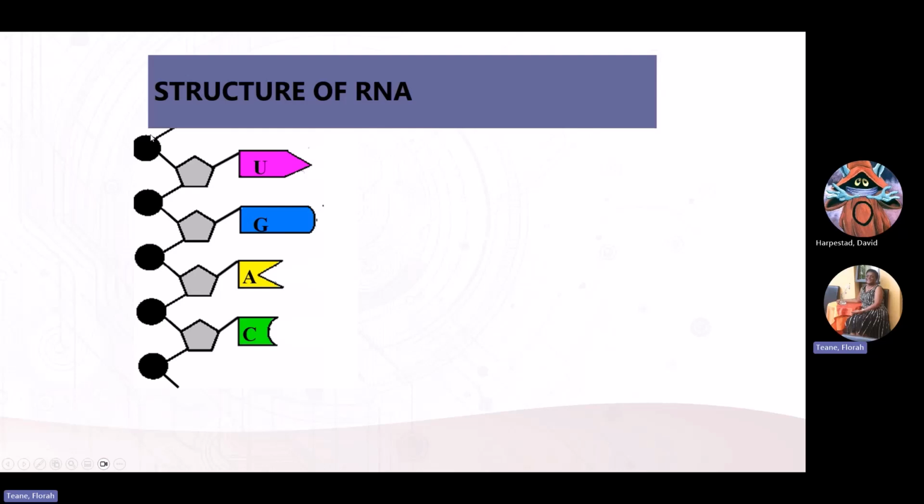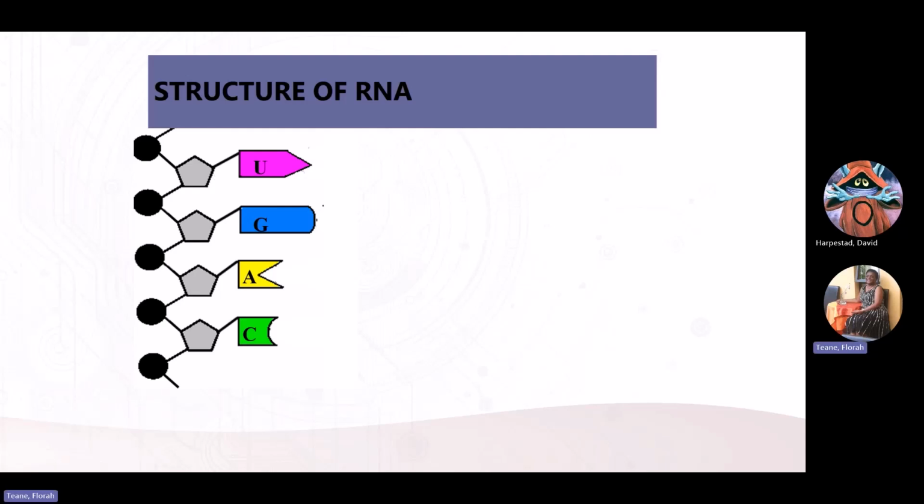There's the structure of a nucleotide here. This is a nitrogenous base. This is the sugar, and this is the phosphate. And remember, the sugar for RNA is the ribose sugar.